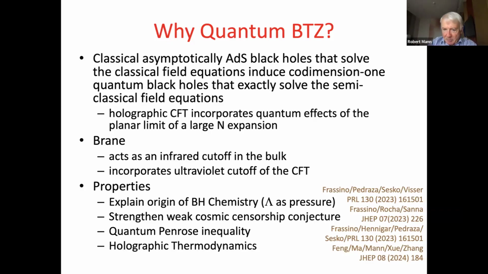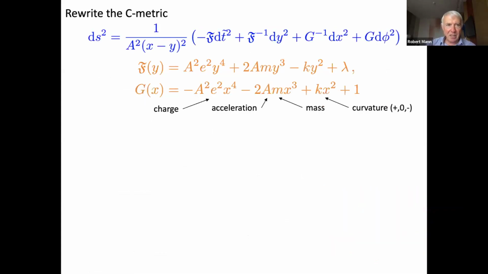It's been shown in these papers here that one can give stronger evidence for the weak cosmic censorship conjecture, and one also gains insights into the quantum Penrose inequality and holographic thermodynamics. That's what I'll be spending some time talking about in this presentation.